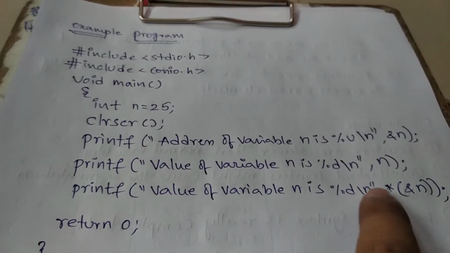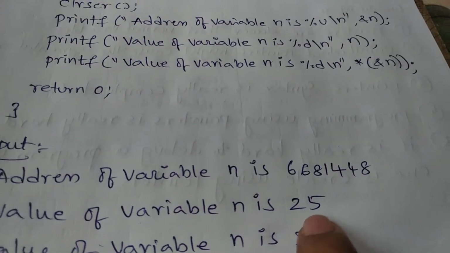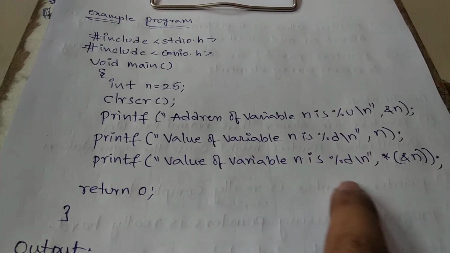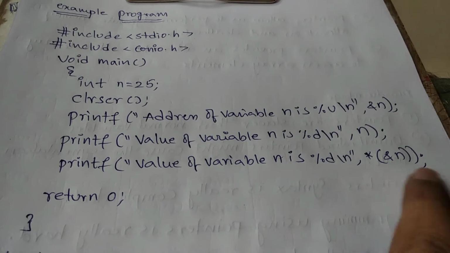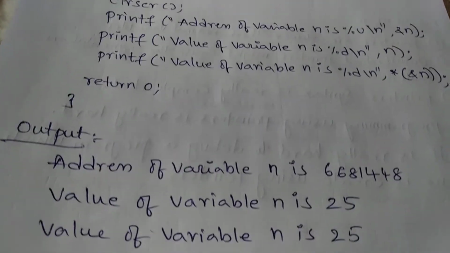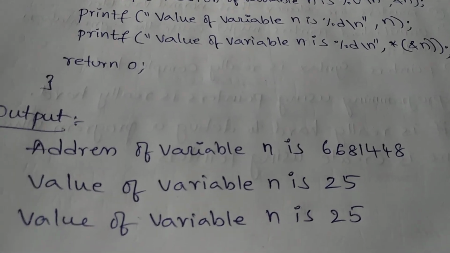Then printf the variable n equals the n value, which is 25. Then printf the value of the variable n using the pointer, *(&n), which is also the same, written as 25.